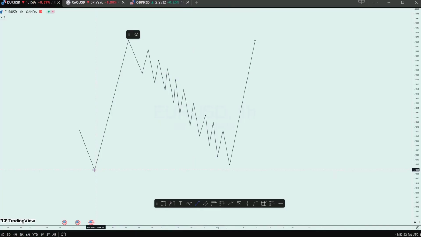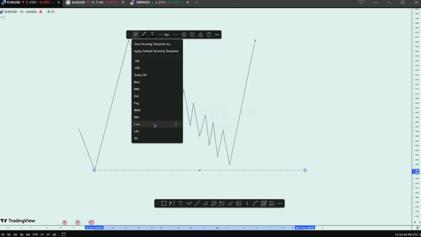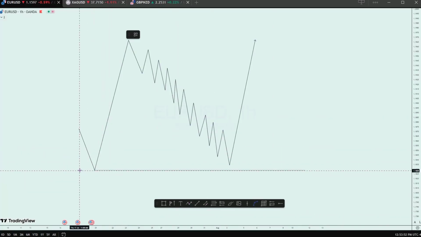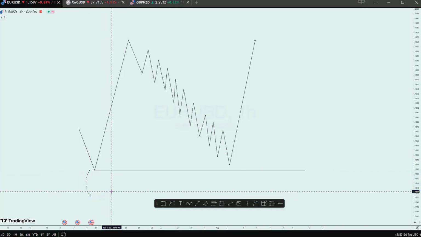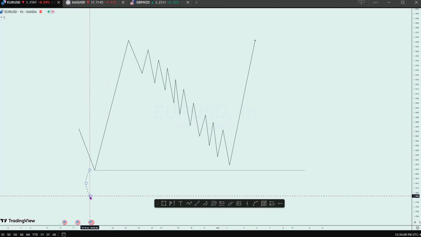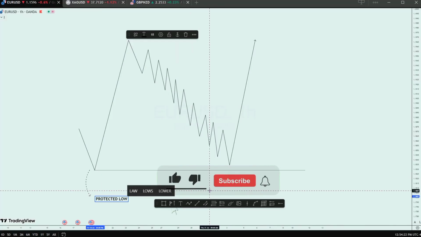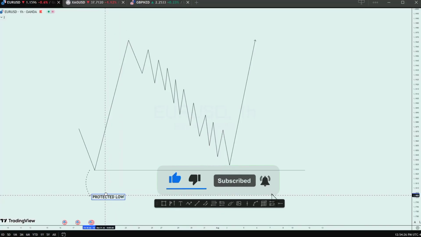This is our protected low. We can call it the strong low, the strong low which price won't break. So this becomes our protected low.